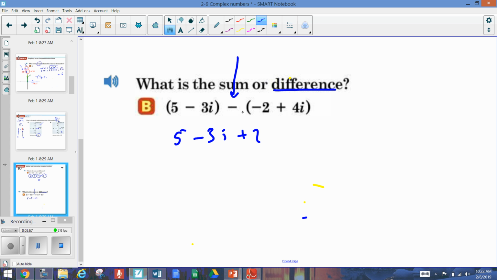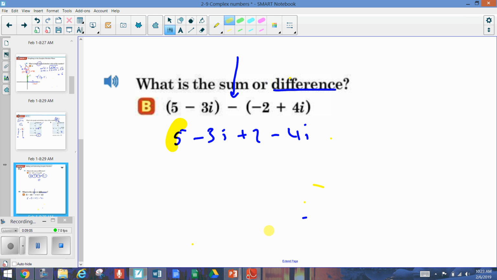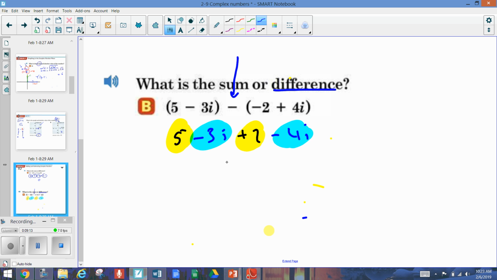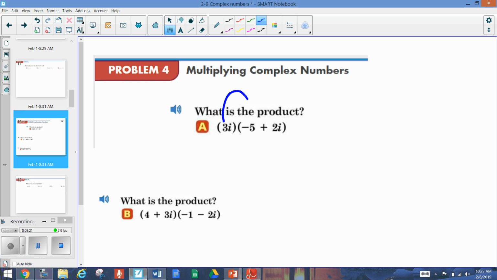And how about this? Negative 4i, correct. Okay, let's do like terms. 5 and 2. 3i, 4i. You're right. 5 plus 3 is equal to 7. Negative 3, negative 4, negative 7i. We'll just distribute it. Tell me. 3i times negative 5.